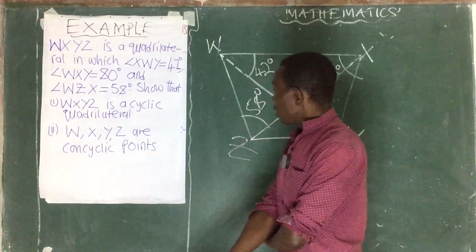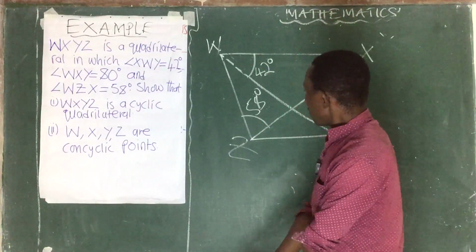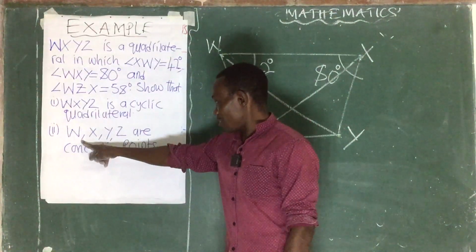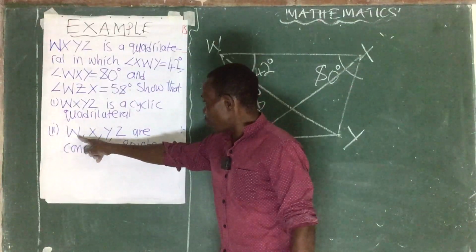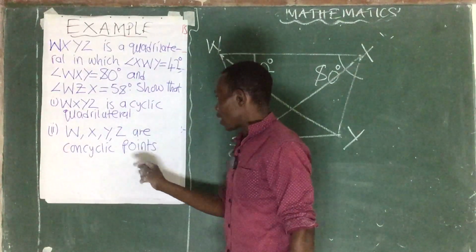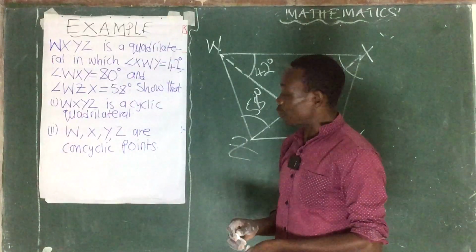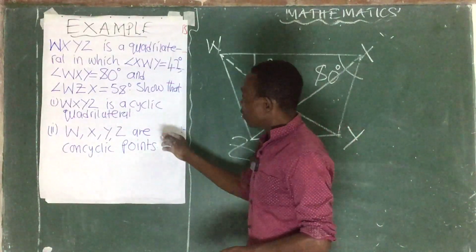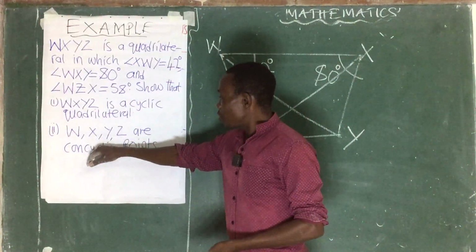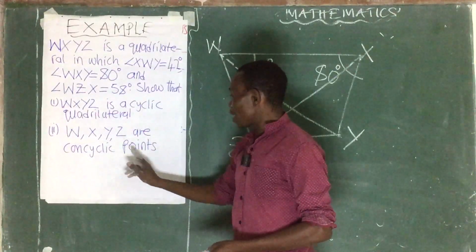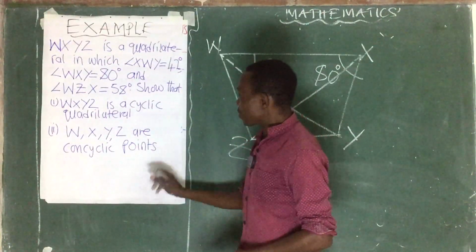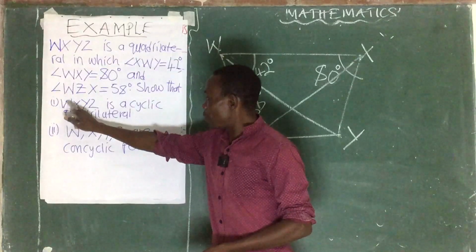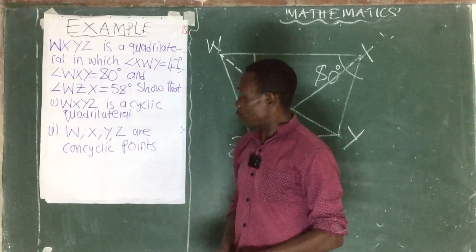Cyclic. Secondly, when we conclude by just describing the points W, X, Y, Z, they are what? Concyclic. So it'd be any one of the two questions. They may just ask you directly, show that W, X, Y, Z are concyclic points. Or else they'll say, show that W, X, Y, Z is a cyclic what? Quadrilateral.